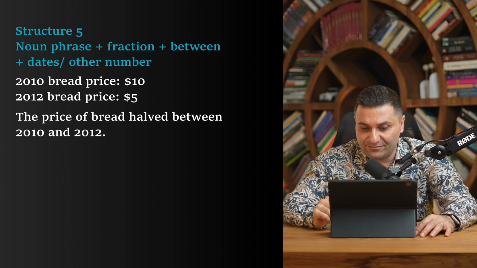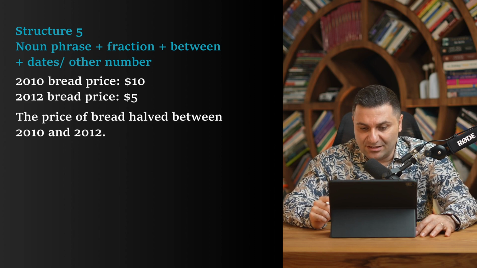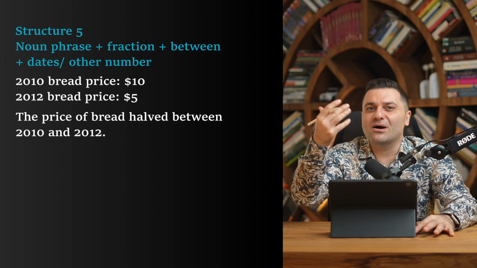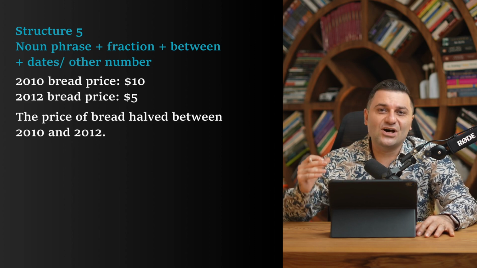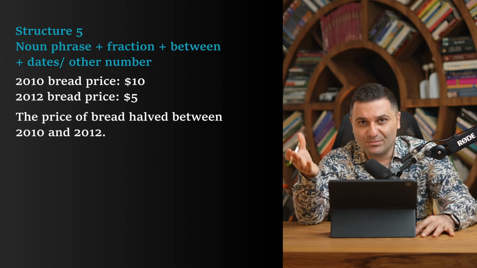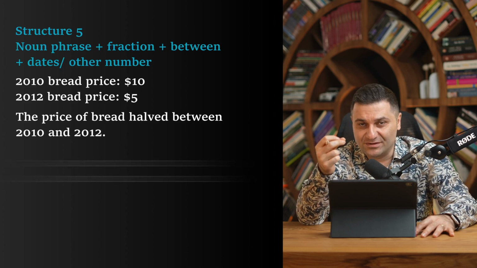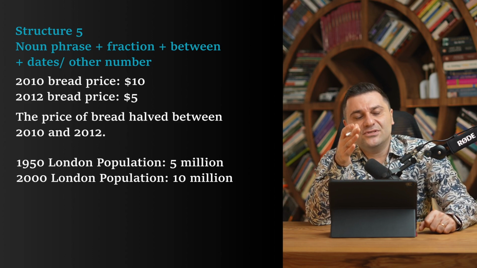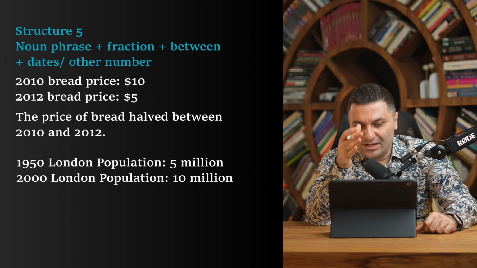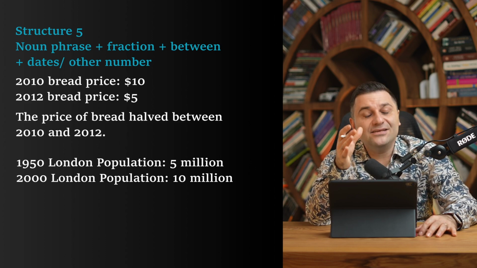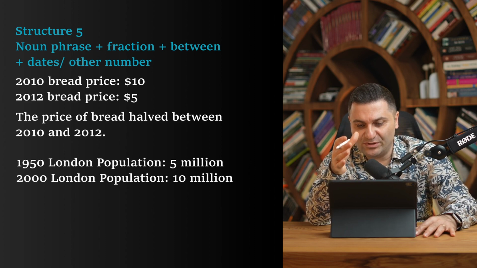So we use the half between 2010 and 2012, all right? Sometimes the number doubles, so it rises from $5 to $10. In this case, you can write double as the fraction. Now, this is what I'm going to do here. In 1950, London's population was 5 million. And in 2000, the London population was 10 million.